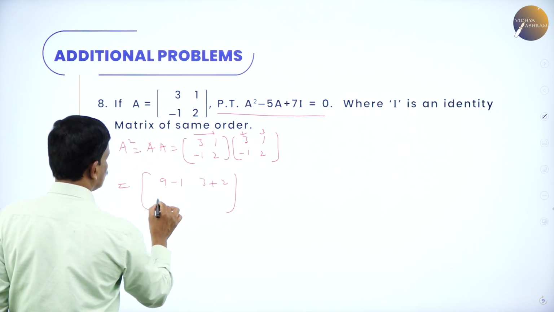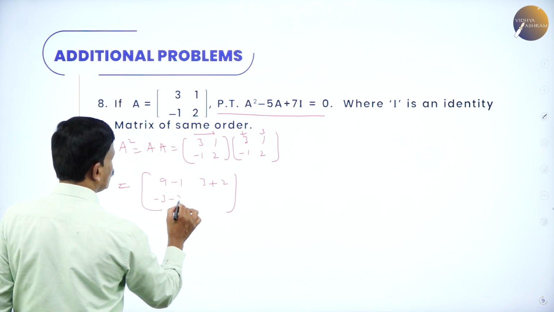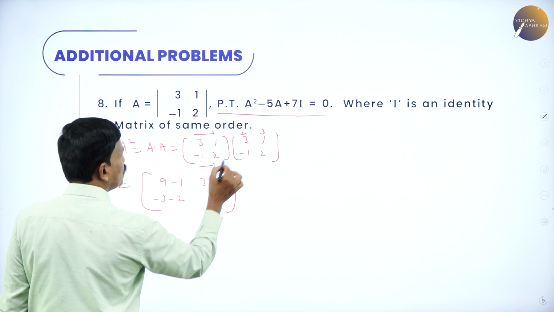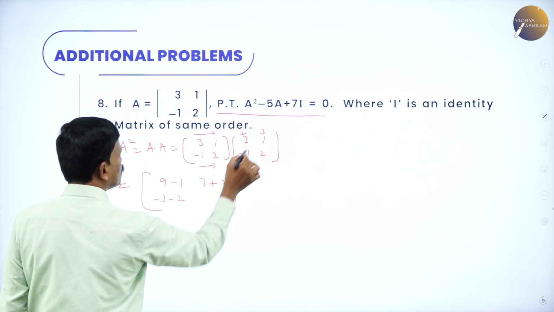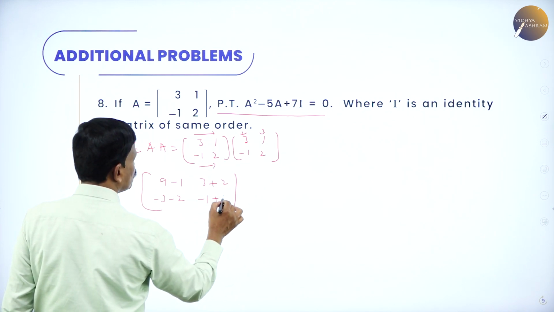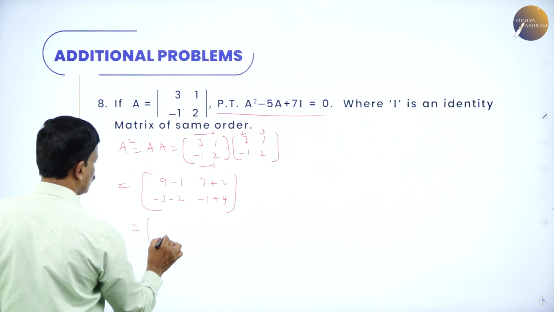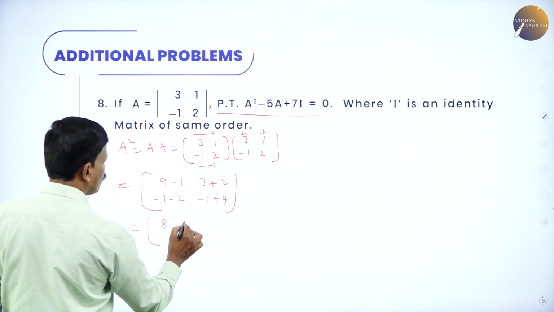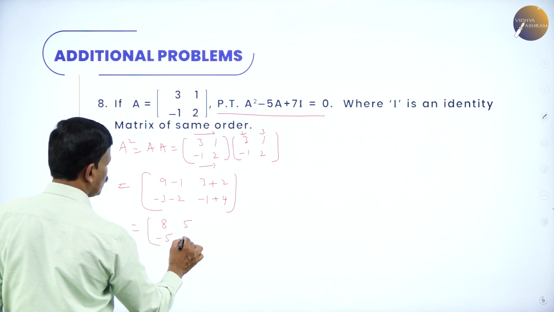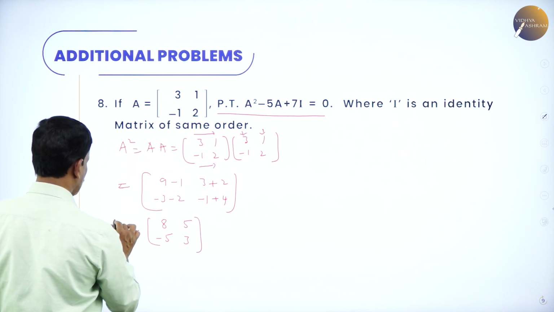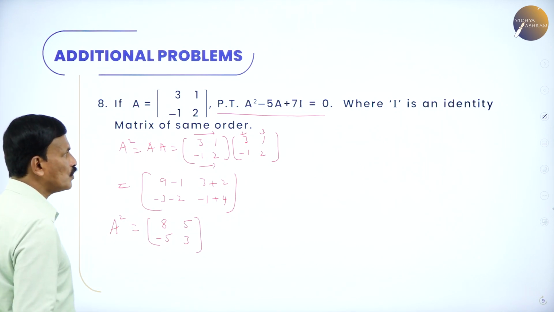Again, minus 1 into 3 is minus 3, 2 into 1 is minus 2. Second row, first column, second column: minus 1 into 1 is minus 1, plus 2 into 2 is 4. This is equal to 8, 5, minus 5 and 3. This is the value of A square.